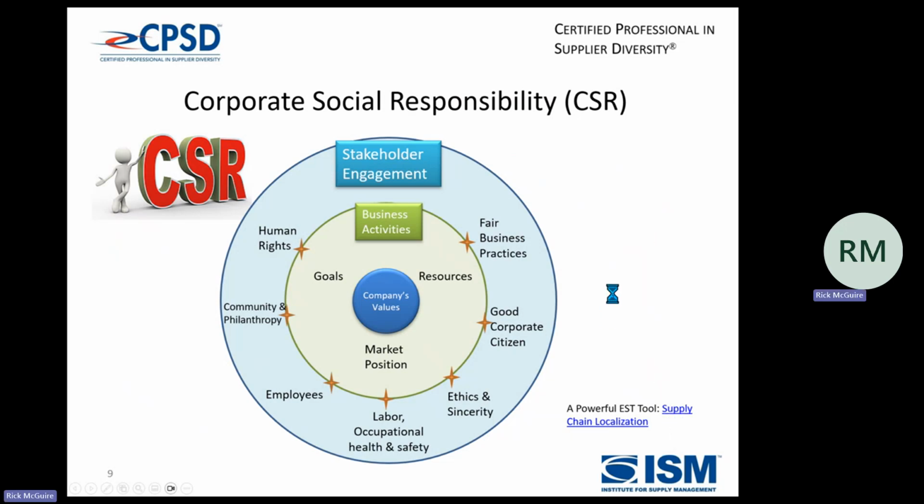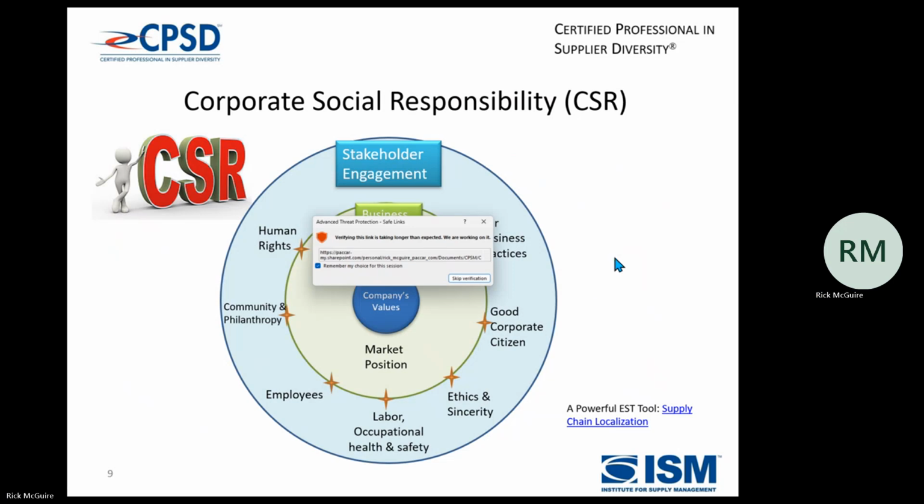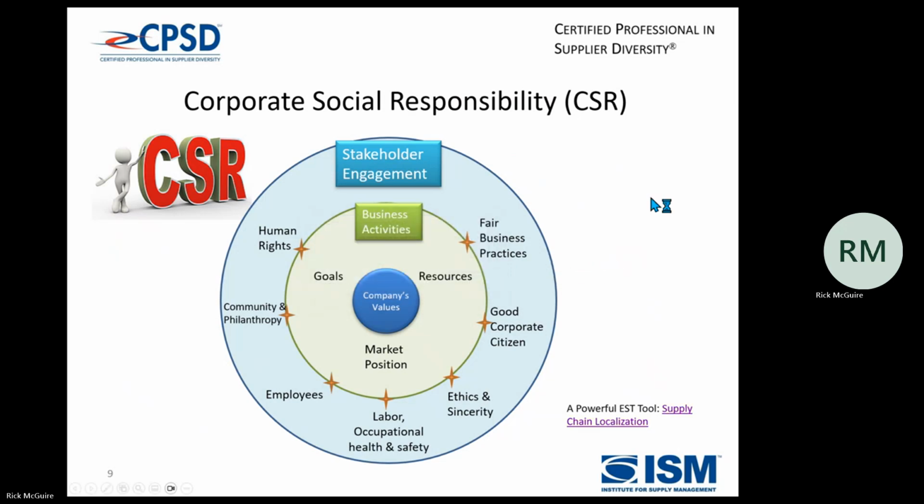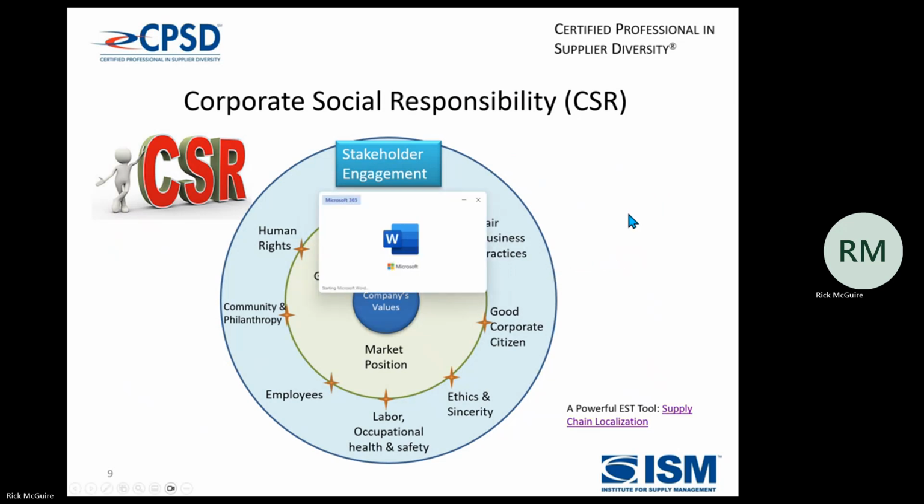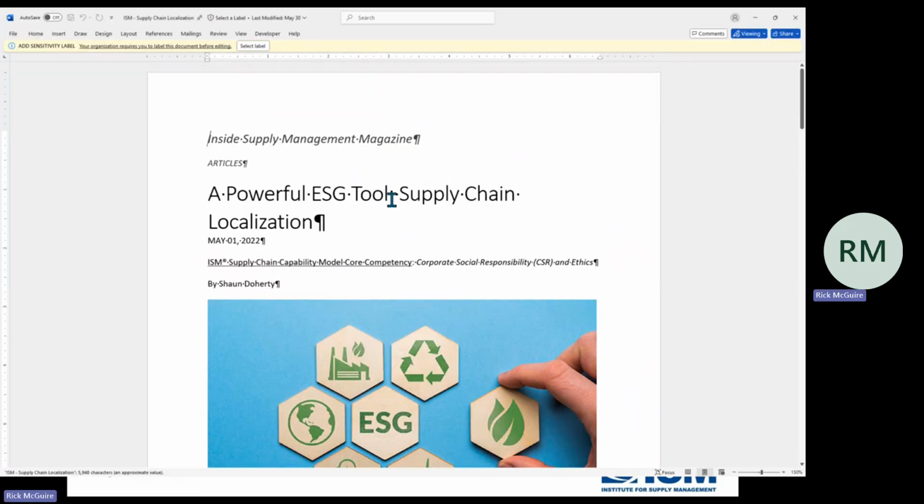Supply chain localization. Well, one of these days, this thing will actually pull up.